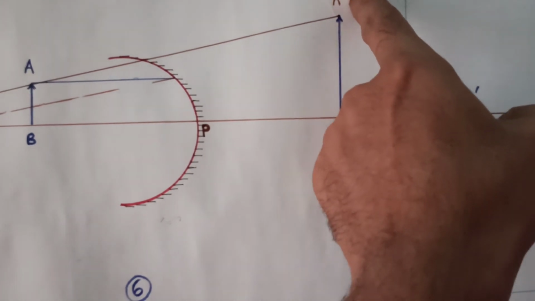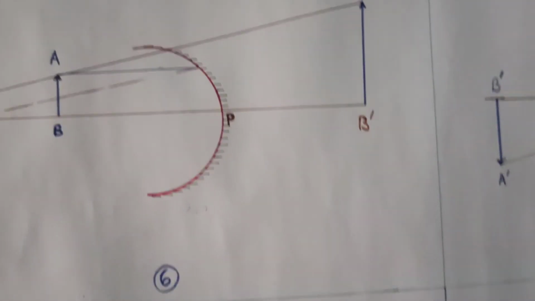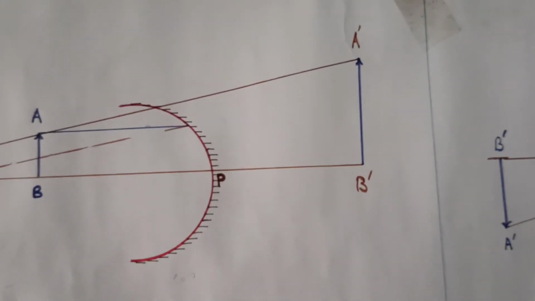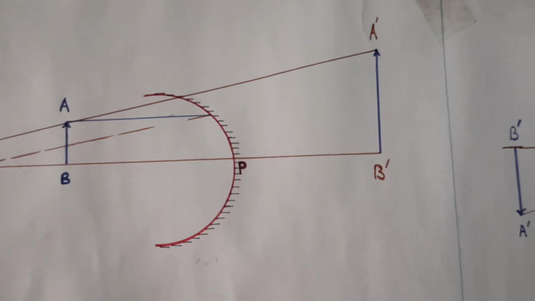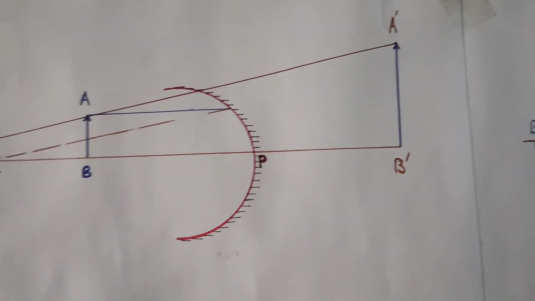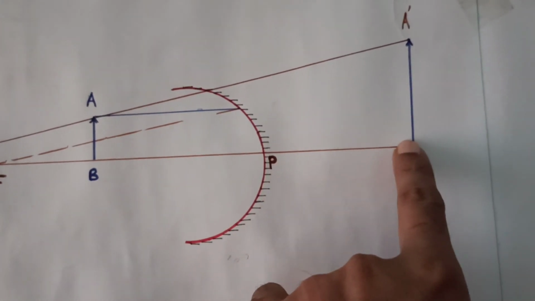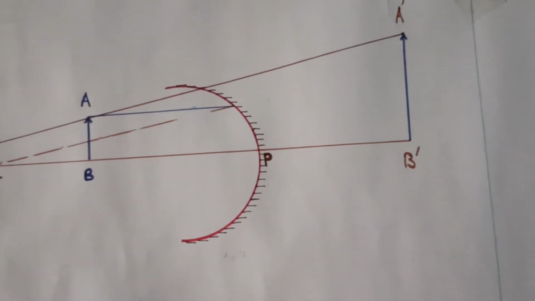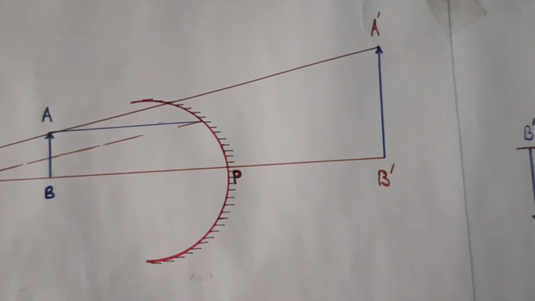You can say this is A dash, B dash is the image. The image is formed behind the mirror, and the size of the image is bigger than the size of the object. So it is enlarged. And what is the nature of the image? The nature of the image is virtual and erect.